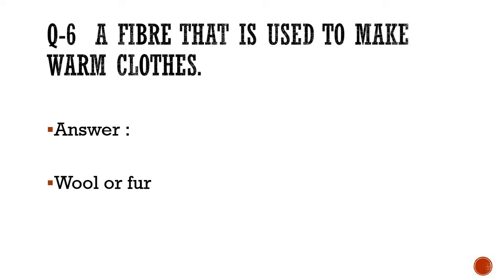Wool or fur. So you can take either option. If you want to write just wool, or if you want to just write fur, it is okay. Please repeat this answer after me. Wool or fur is used to make warm clothes. Wool we get from the sheep. Fur again is the skin of an animal.